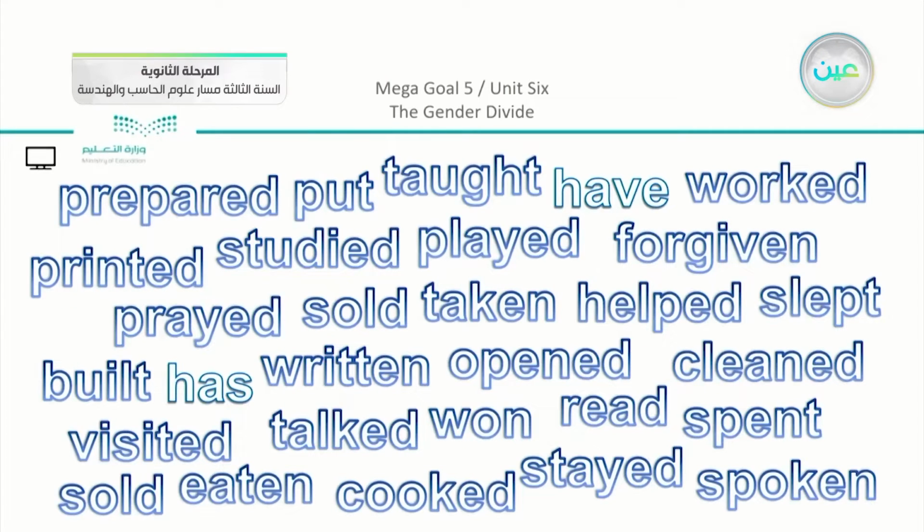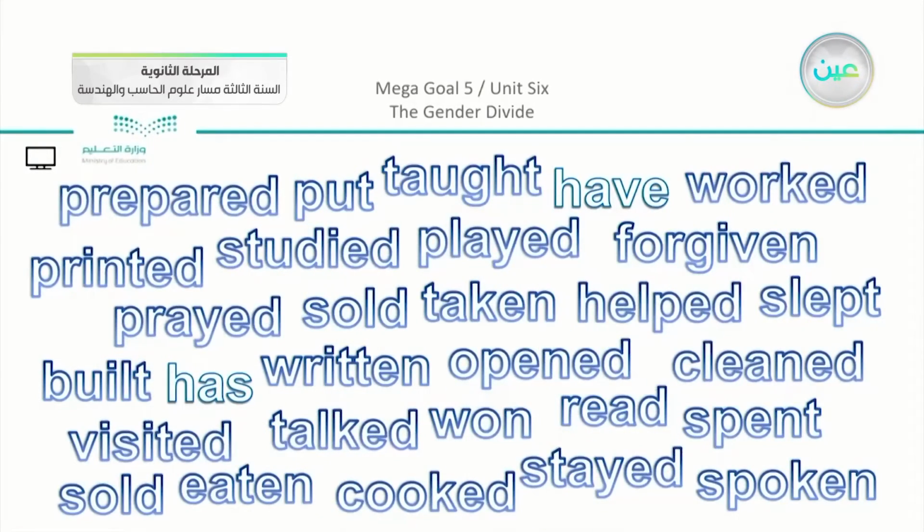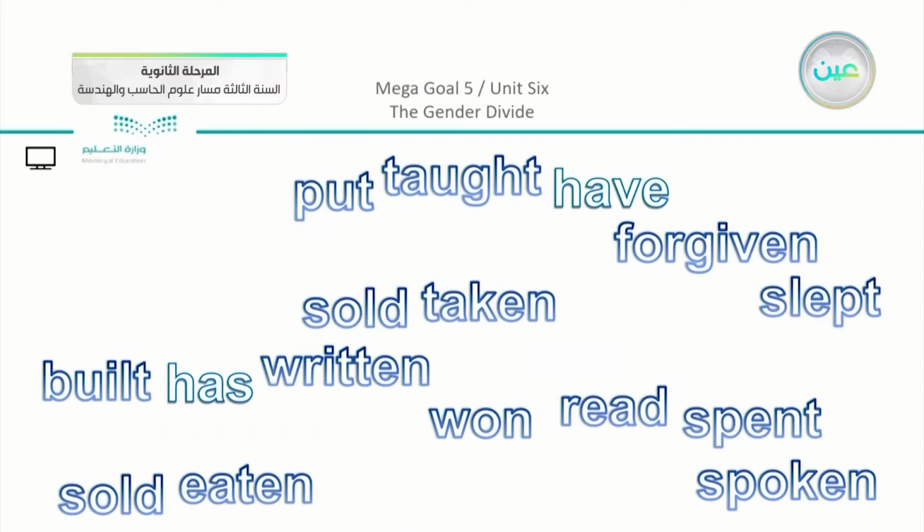Now speaking of forms, you can see that we have a lot of verbs here. We can, first of all, see that we have regular verbs that we add ed to, like prepared, opened, stayed, worked. And we have the other type, which are irregular verbs.